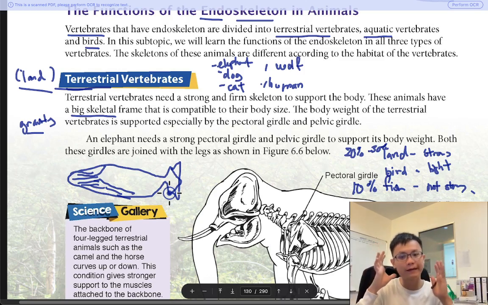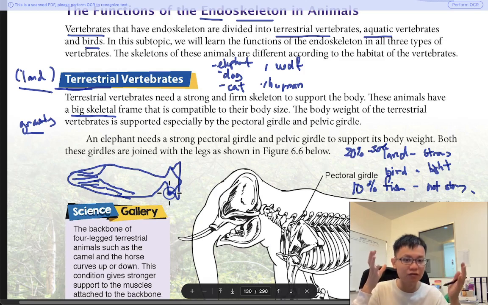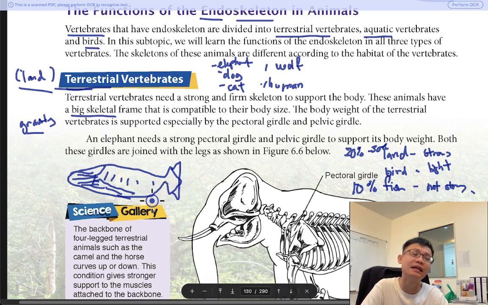The bone is quite clear, visible, and there is a certain shape that people can see. But for the fish, the bone is inside, and you don't really able to see the bone. Why land bone is stronger than the bone in aquatic?